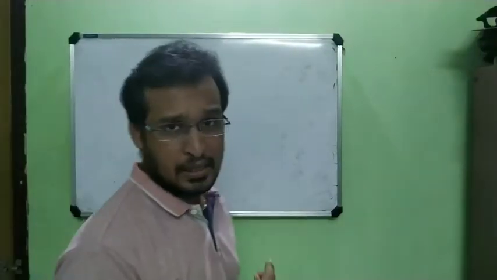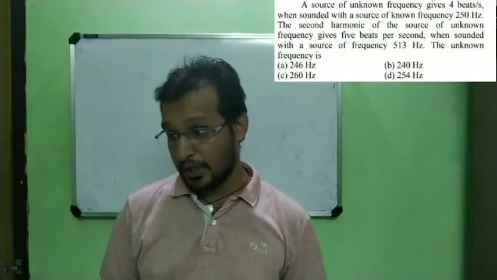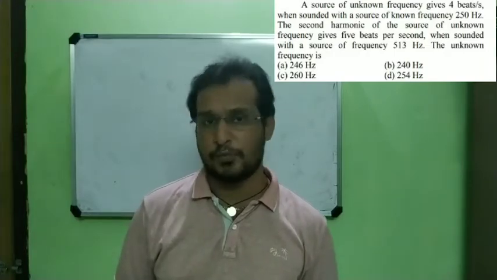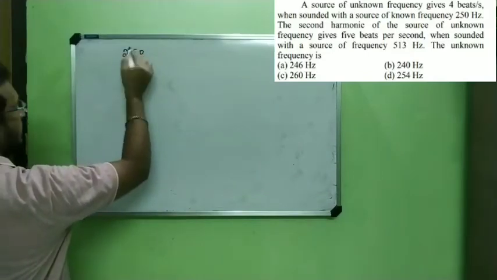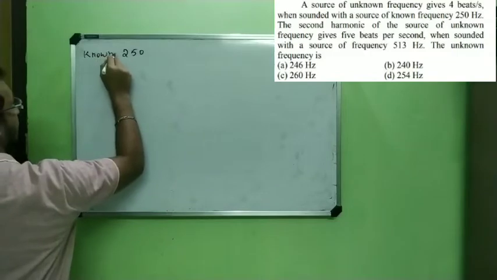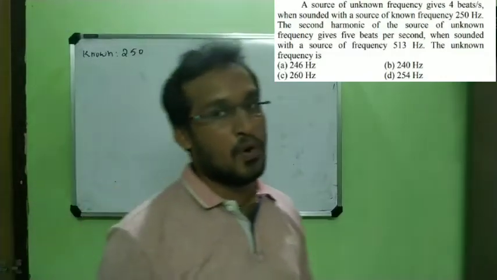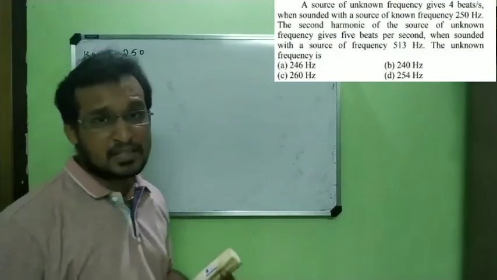And here is the fifth question. A source of unknown frequency gives 4 beats when sounded with a source of known frequency 250 Hz. Beats means difference in frequency.